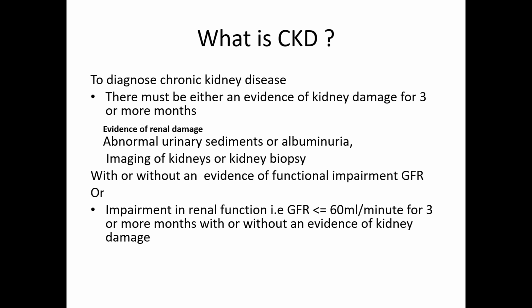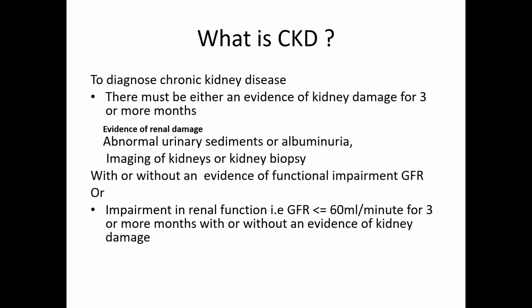But over the last 20 years, renal physicians and nephrologists reached some kind of consensus, and this came with the definition of chronic kidney disease. To call a patient one who has chronic kidney disease, he must have evidence of kidney damage for at least 3 months or more.